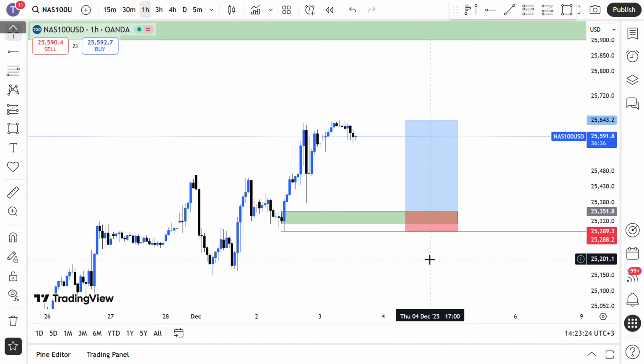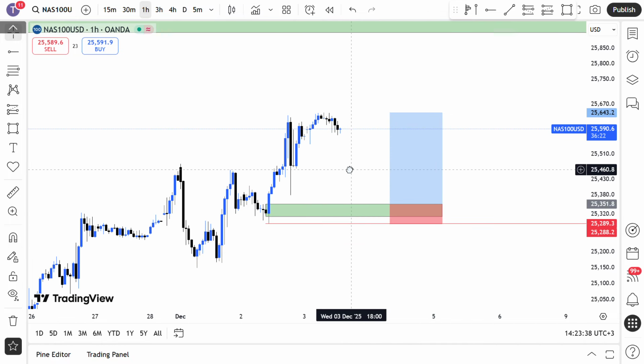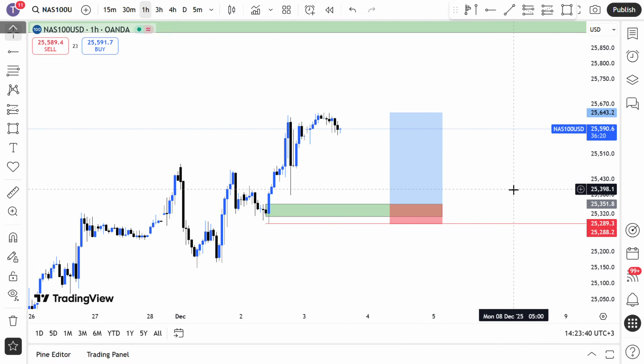But the good thing is that if you don't see a clear structure on a pair, you should just try to avoid it, or try to look for another pair to trade. I think that is very good if you try to stay away from a pair that you don't have a clear analysis on.